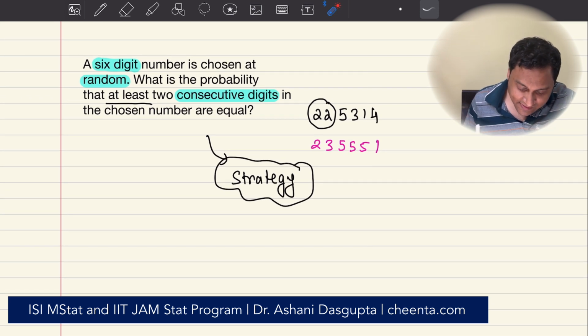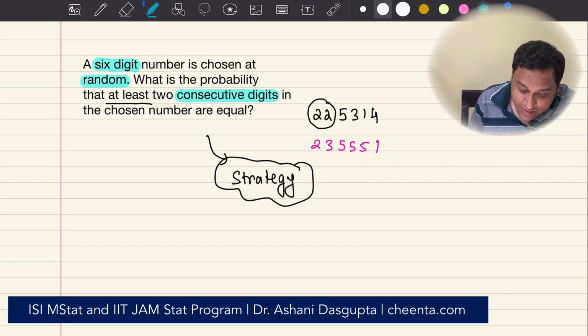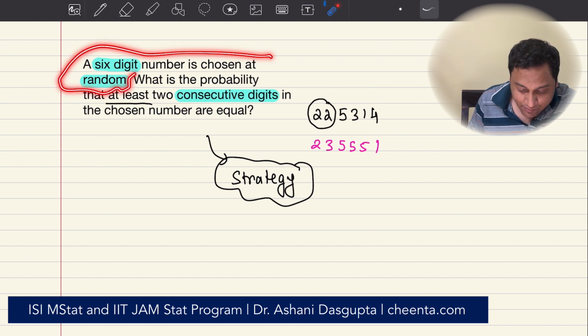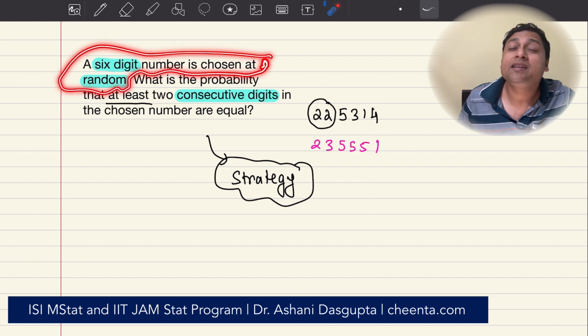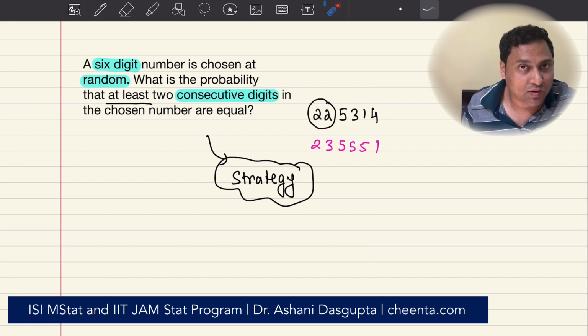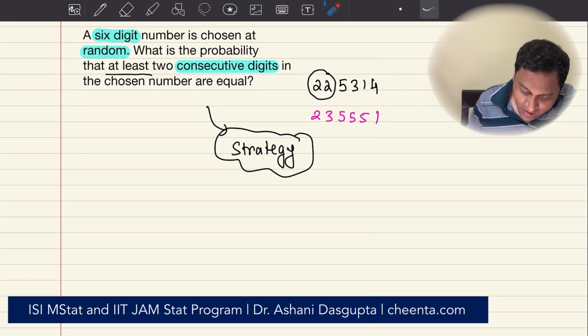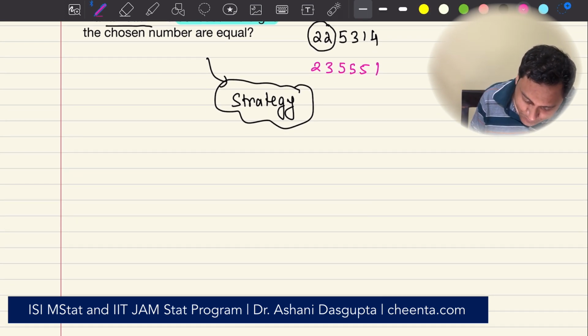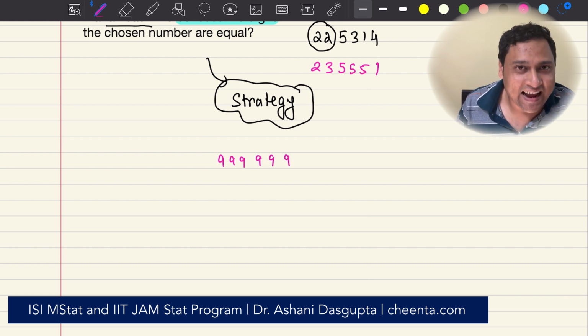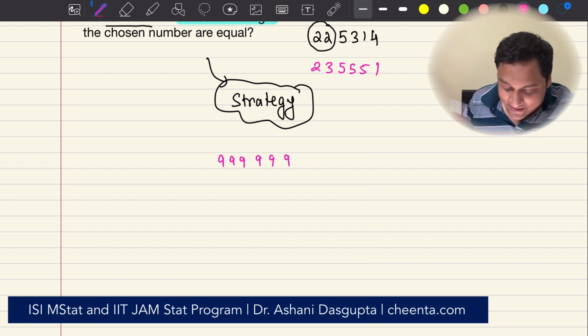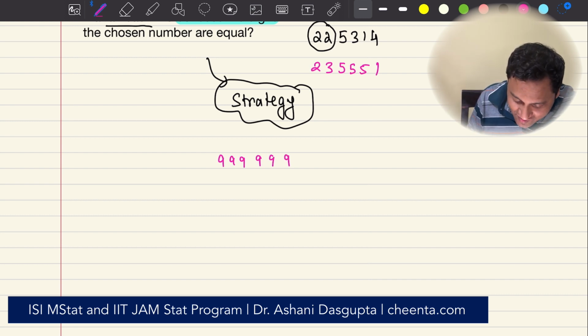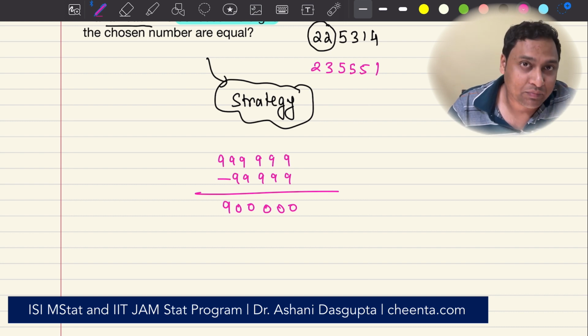The first thing is, we have to calculate all the 6-digit numbers that are there. How many 6-digit numbers are possible? Of course, the largest 6-digit number is comprised of 6 nines, 999,999, and the largest 5-digit number is just 99,999. If you subtract these two, you will get the number of 6-digit numbers.